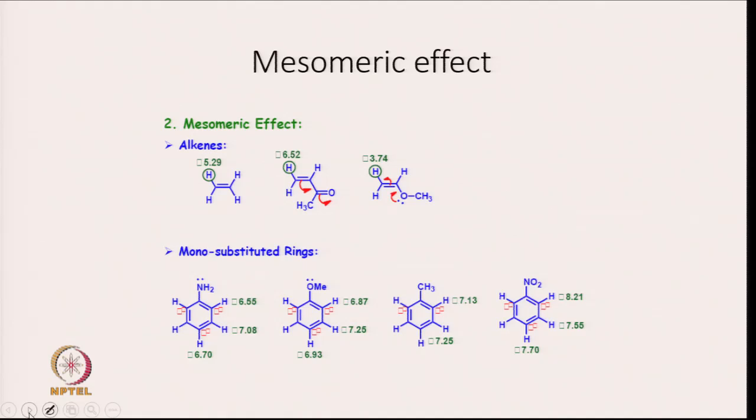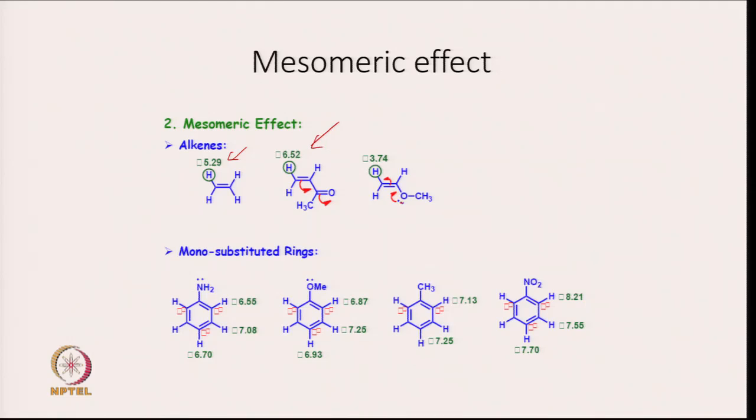The second factor is the mesomeric effect. Here you see a hydrogen attached to a double bond, its chemical shift is 5.29, and when it is in resonance, or mesomeric effect, with the C double bond O, its chemical shift value increases.